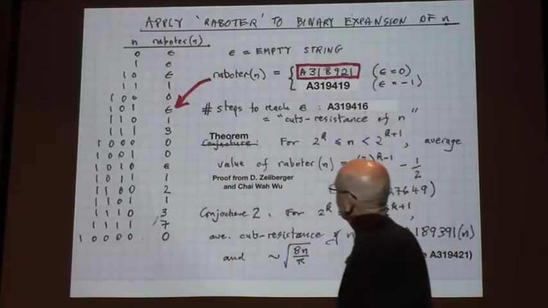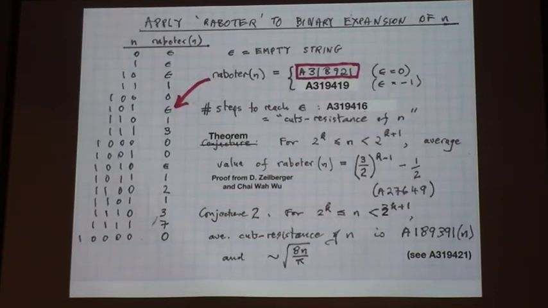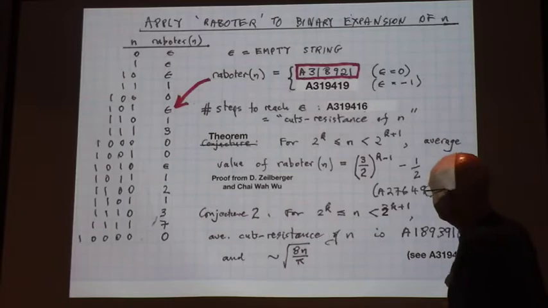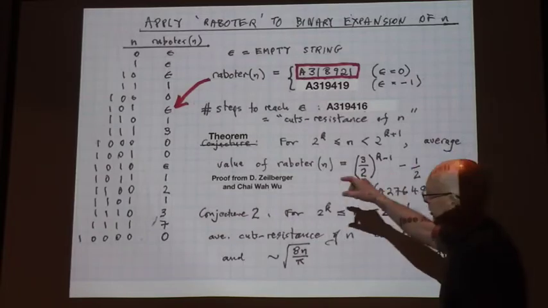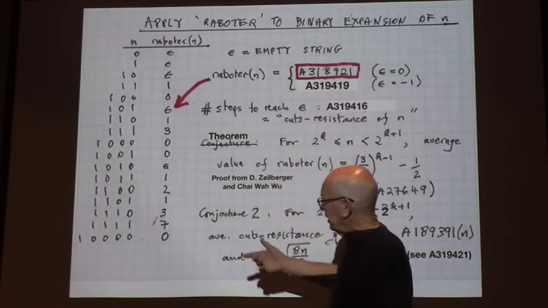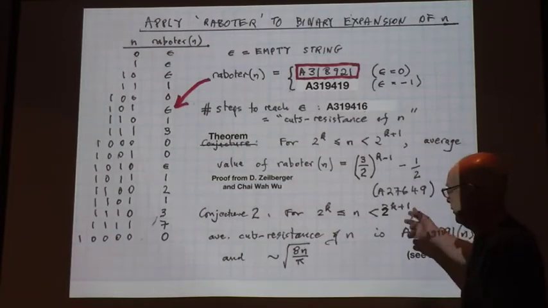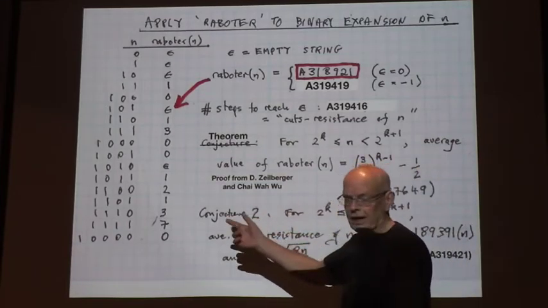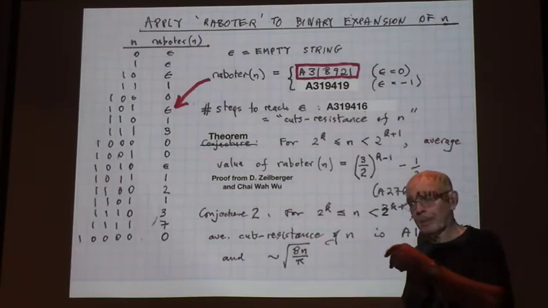You get this sequence. I was interested to see, for instance, what's the average size of the number you get after you've applied this transformation, and also, if you repeatedly apply it, how long before you get to the empty string?